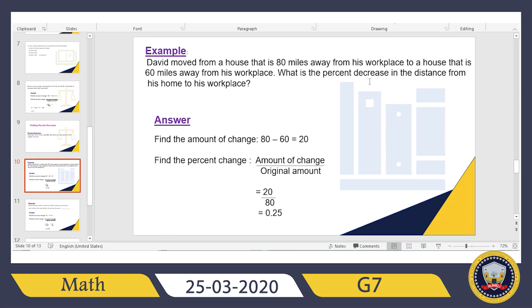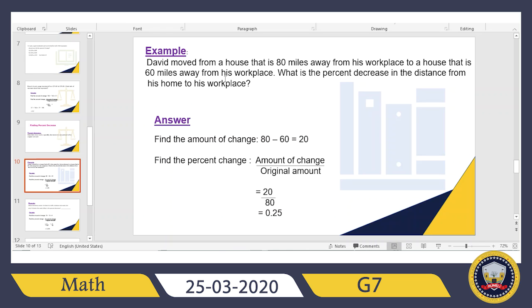What is the percent of decrease in the distance from his home to his workplace? Now he left this and he moved to another place which is now 60 miles away from his workplace.